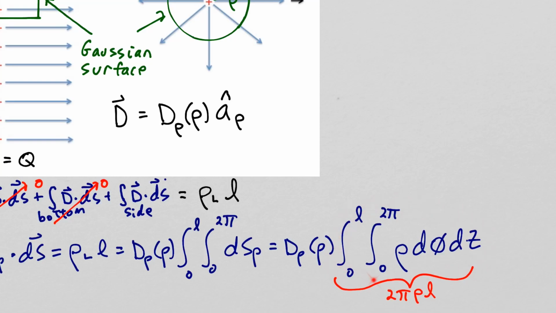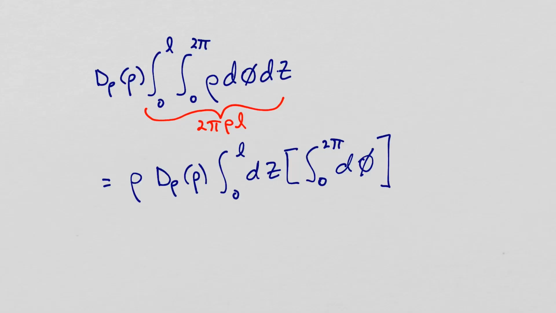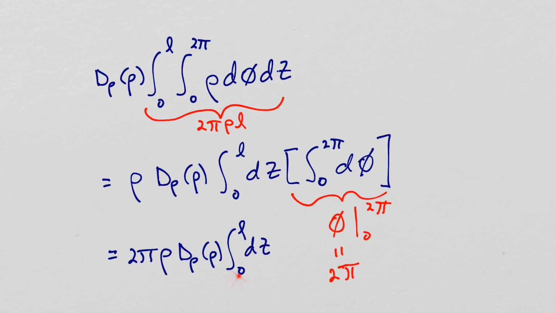Since on the side of our cylinder rho is constant, we can move rho outside of the integration. And I rewrote this integration in terms of the phi and z component. So this integration will give us phi evaluated at 0 and 2 pi, which is just 2 pi. So we're left with the integral of dz from 0 to L, and that's just going to be L. So this integration is just the side area of our cylinder.